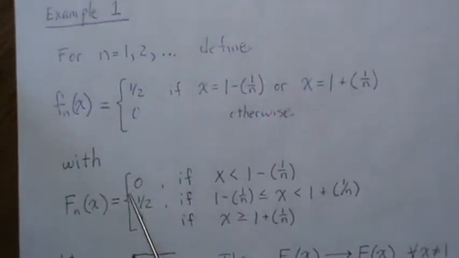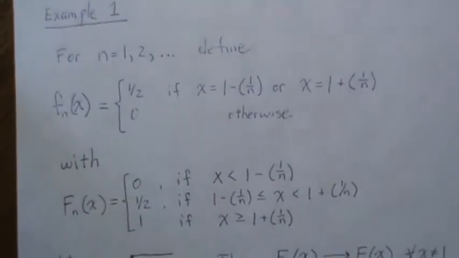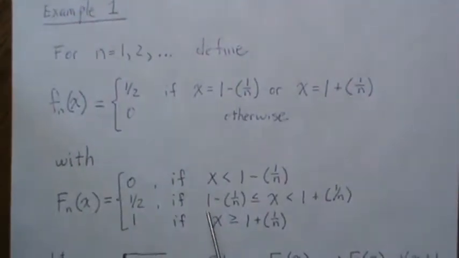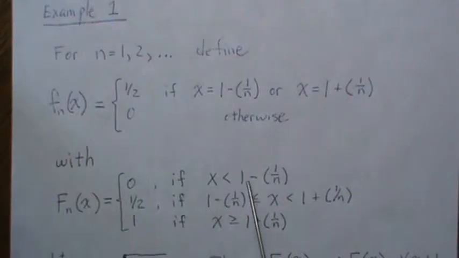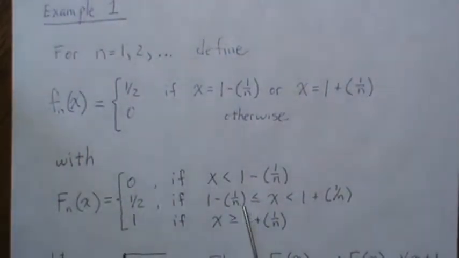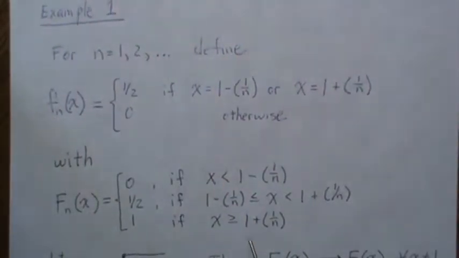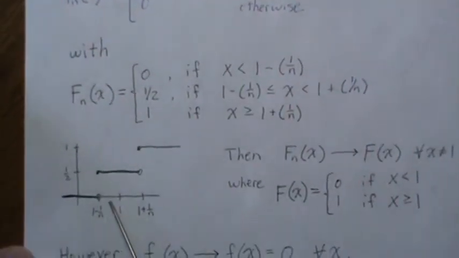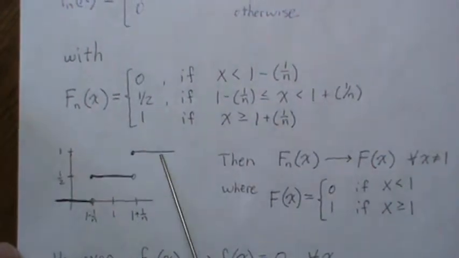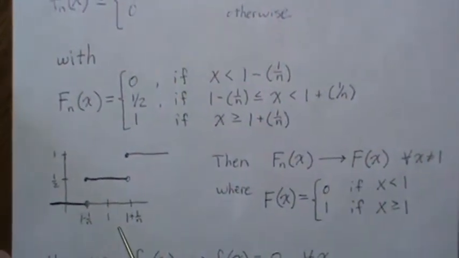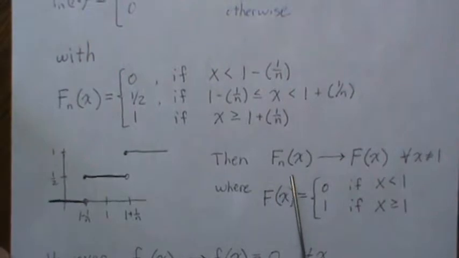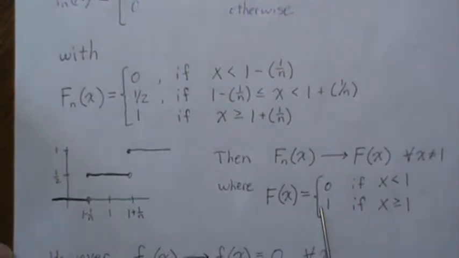Now it has a respective cumulative distribution function defined like this: it's 0 below the lower point, it's 1/2 between the 2 points, and it's 1 if it's greater than that. With a picture it kind of looks like this, a step function, and we can see that F_n converges to this distribution.